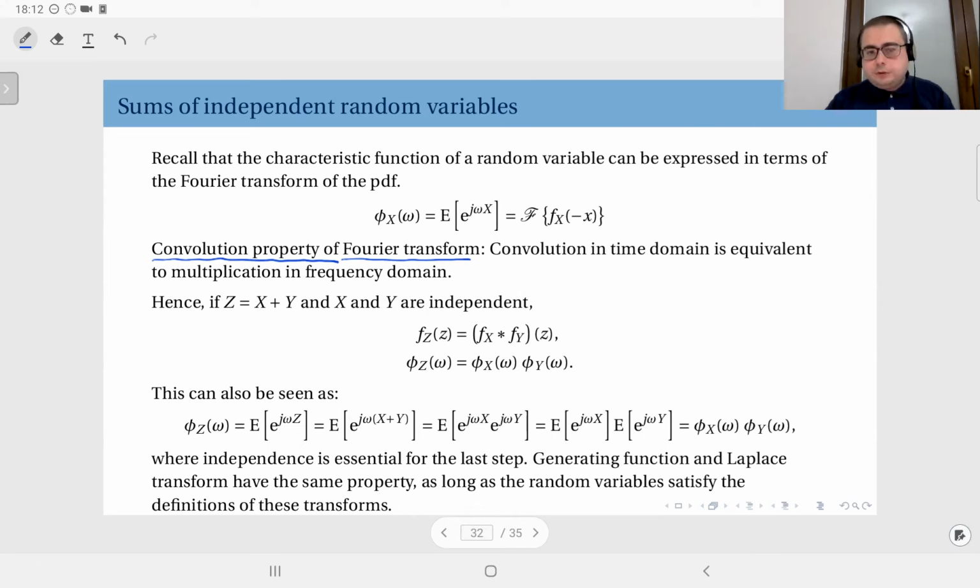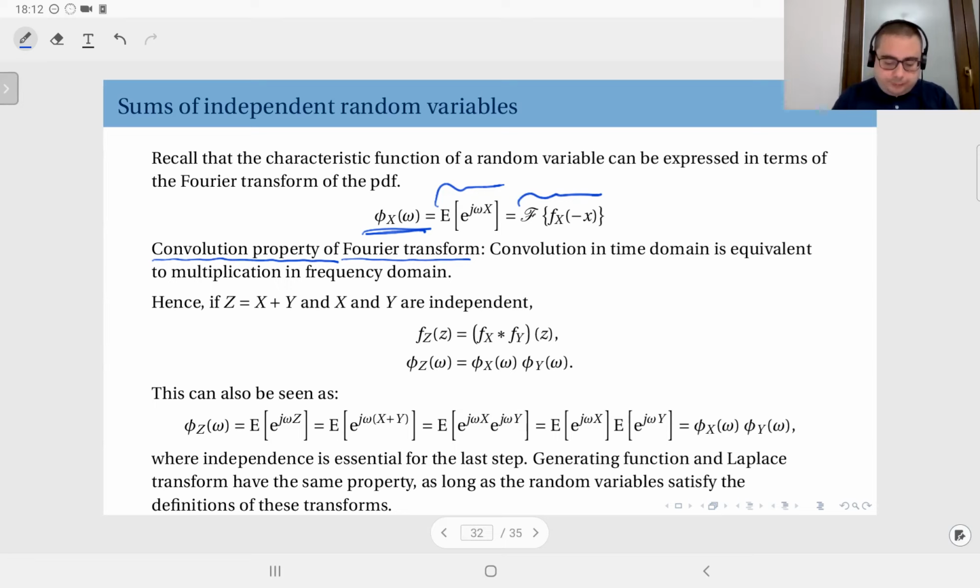So what is this convolution property? Essentially, remember the characteristic function of the distribution of x is defined through this expectation, and is essentially the Fourier transform of the PDF evaluated at minus x.